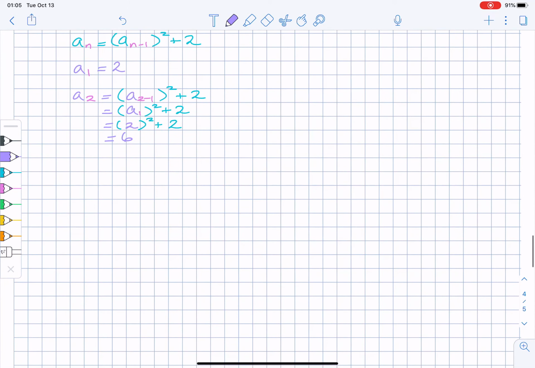Okay, so what is a sub 3? Well, a sub 3 is going to be the quantity a sub 3 minus 1 squared plus 2. So this is going to be the quantity 3 minus 1 will give me a subscript of 2, which we're going to square and add 2.